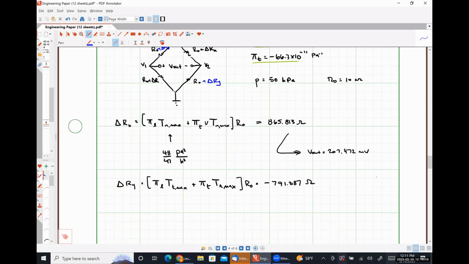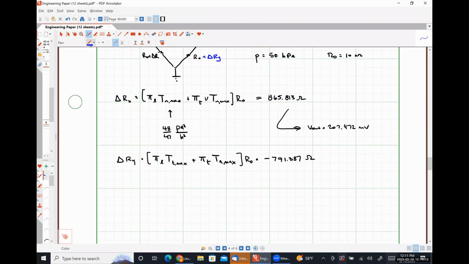Combined together, we wind up getting an output voltage of 412.764 millivolts. Not quite twice as large because our change in resistance isn't identical, because our piezoresistive coefficients aren't identical but of opposite sides. Okay.